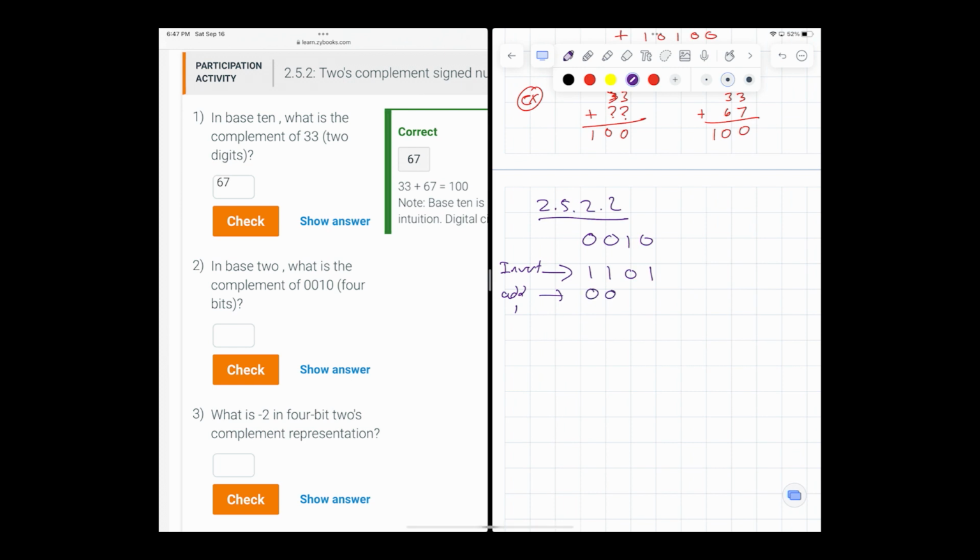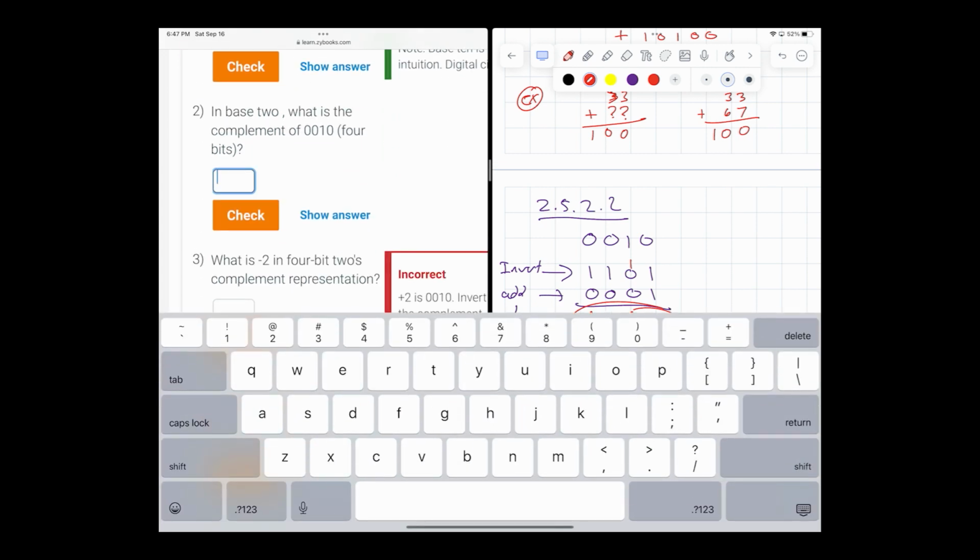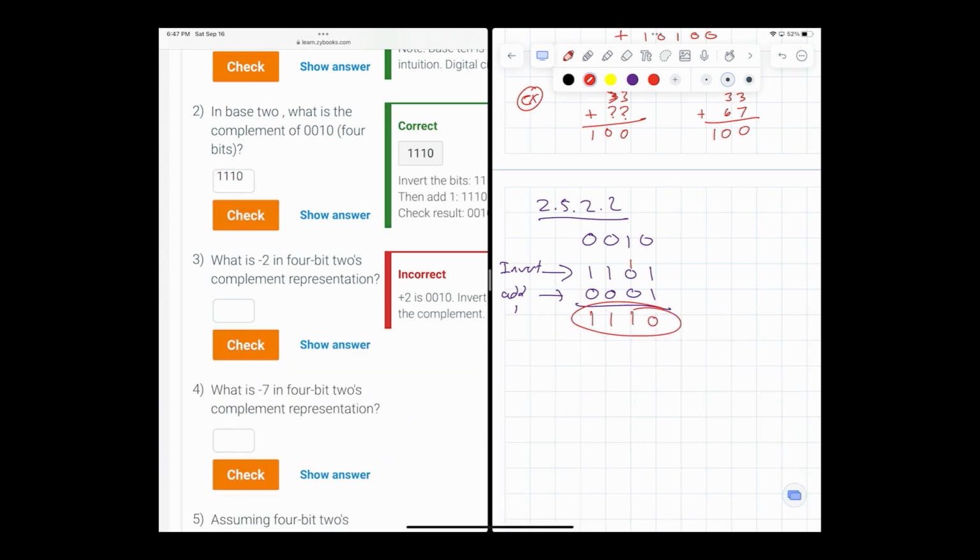So I'll just go 0, 0, 0, 1, and we'll just add them and see what we get. So you're going to get 1 plus 1 is 0, carry 1. 1 plus 0 plus 0 is 1. And then 1 plus 0 is 1. And then 1 plus 0 is 1. So I get this for my answer. Okay, so we got it.